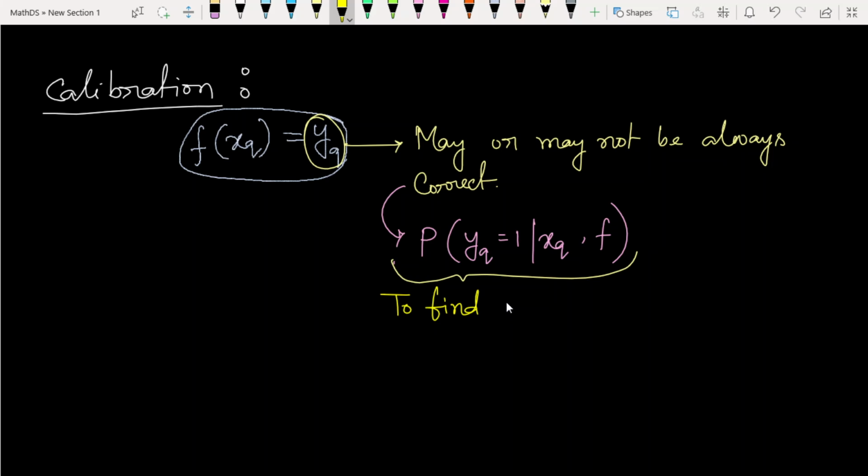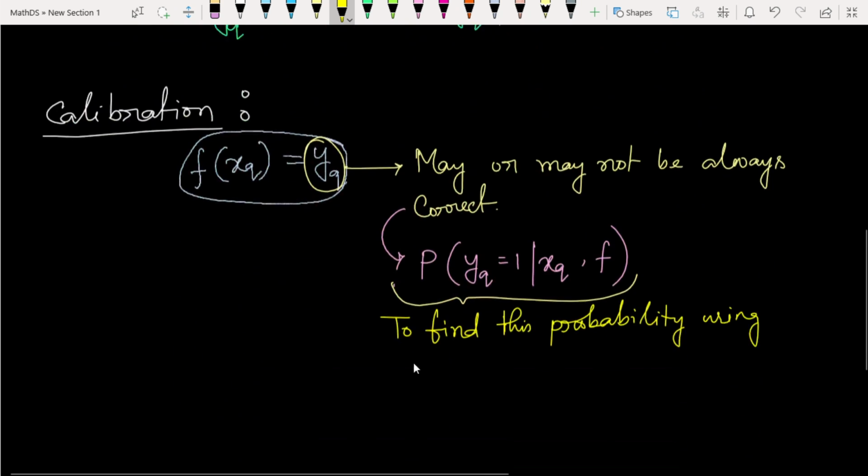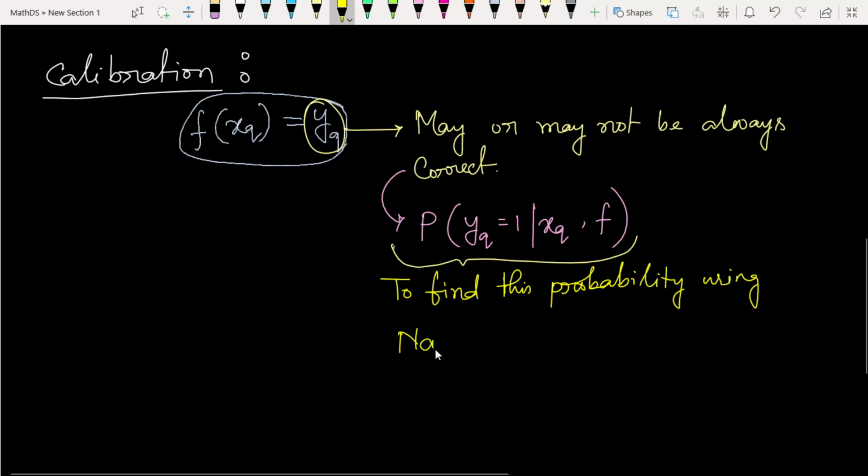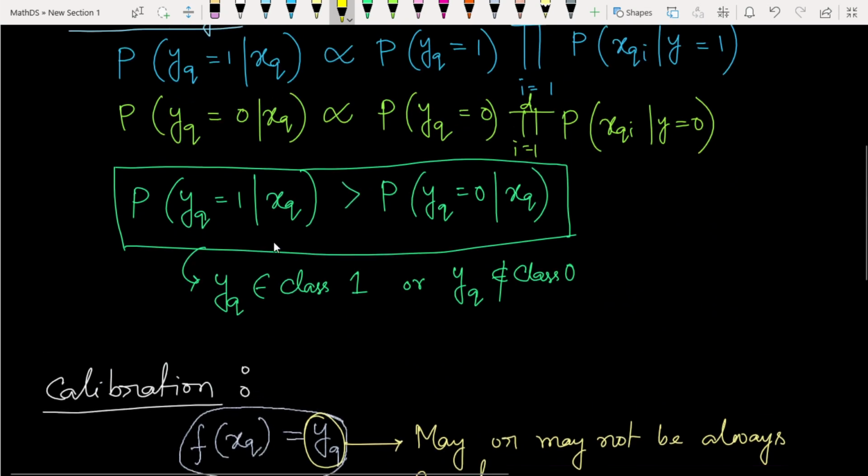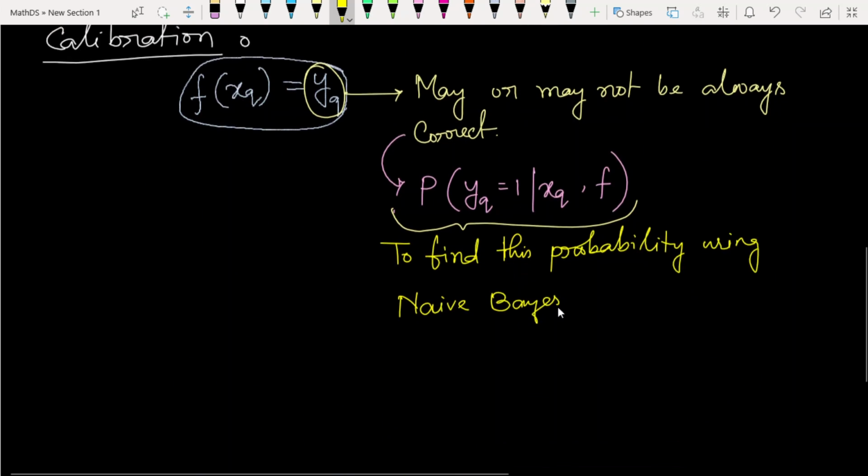To find this probability using naive Bayes, it does not give us the correct probability.